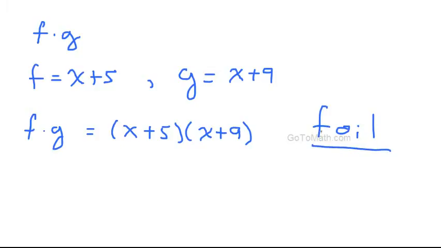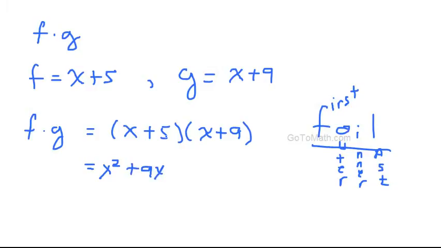First term, F stands for first. The first term, the outer term, the inner term, and the last term. Okay. So x times x, these would be our first terms, and that's going to be x squared. The outer terms would be x times the 9, so that would be 9x.